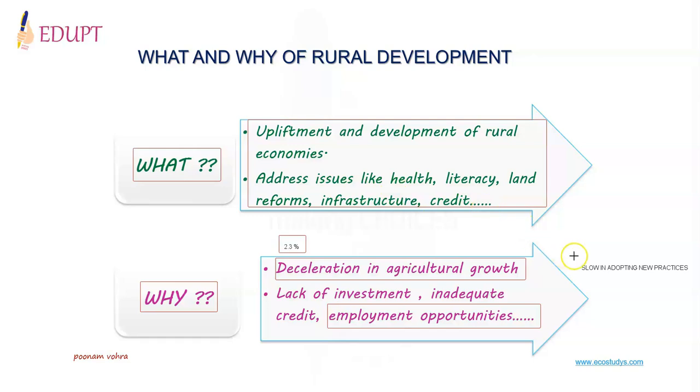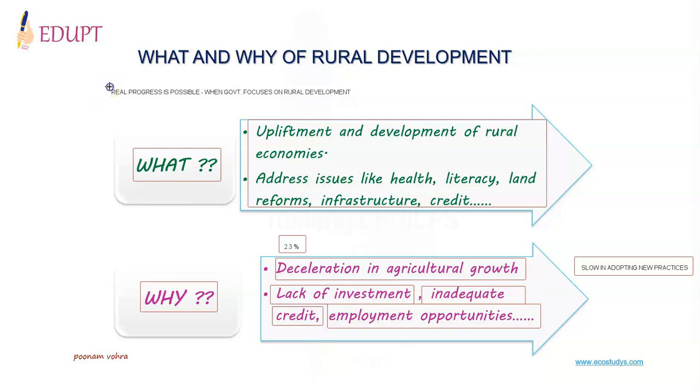Also, due to illiteracy and lack of communication, they are slow in adopting new practices. As a result, productivity is not up to the mark. There has been a decline in investment, lack of adequate infrastructure, credit, transport, employment, etc. All these have put a dent on rural development.